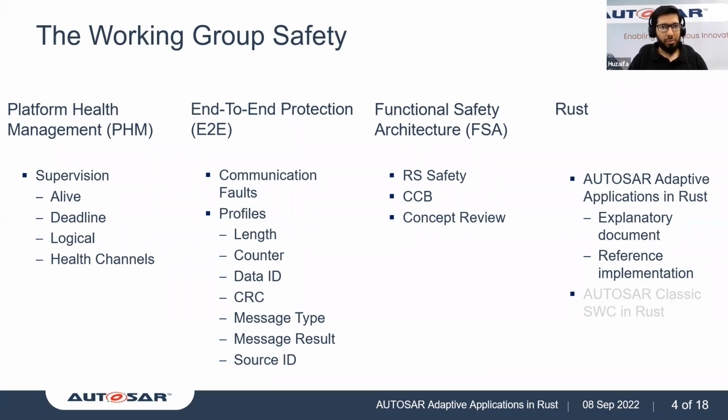Moreover, we in working group safety are one of the four lead working groups in the AUTOSAR consortium. What does that mean? It means that anything that comes into the AUTOSAR specification has to go through our eyes. There are two possible ways things can come into the AUTOSAR specification. One is through changes. One or two of our representatives sit in the change control board, which looks at every change, whether it seems fine from a safety perspective.